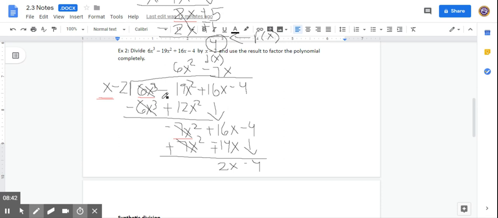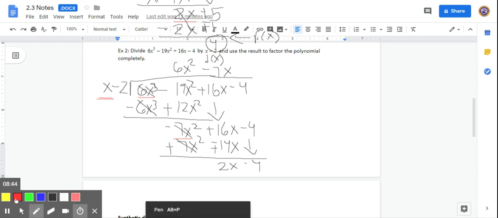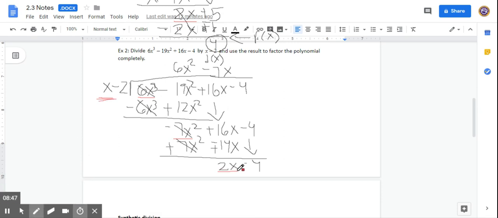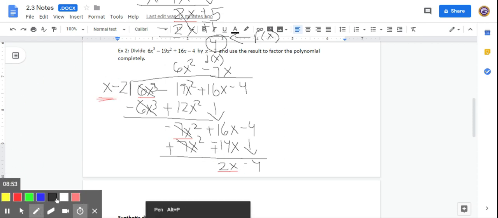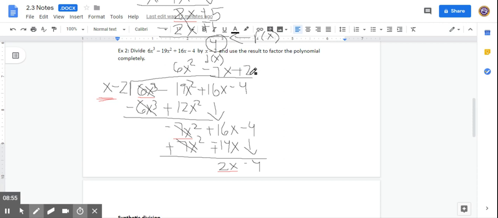So now here, we're going to compare x, once again, to 2x. What do I need to multiply x by to get 2x? I need to multiply x by 2. So I put plus 2 up at the top. Multiply 2 by both of my terms. I get 2x minus 4. Subtract, these cancel, we're left with a remainder of 0.